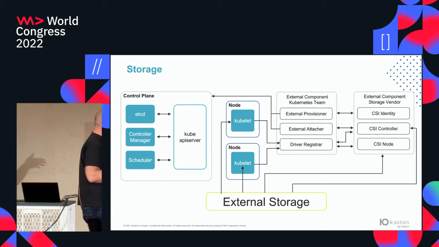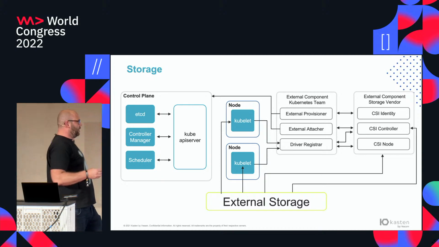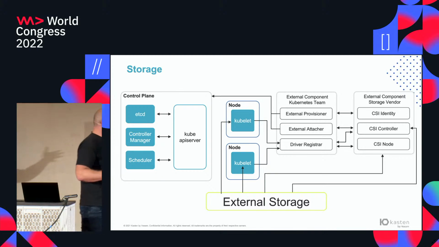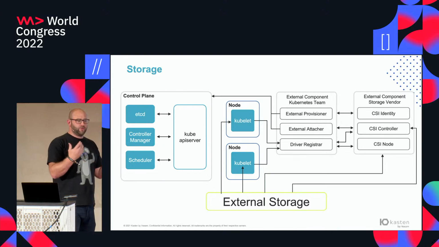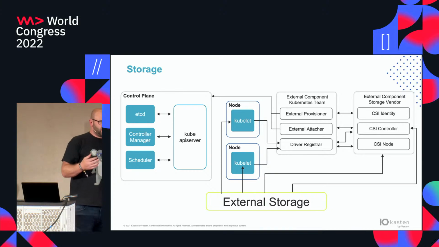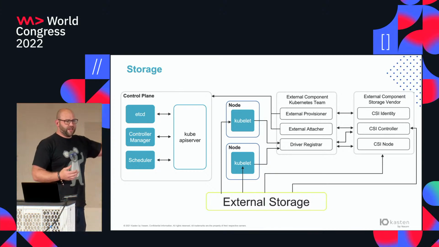But basically, from the Kubernetes side, you have your control plane, your nodes, and then within the main core Kubernetes code, you have your external provisioner, your external attacher, and your driver. Think about them as APIs that are exposed out of your Kubernetes cluster or out of your nodes.